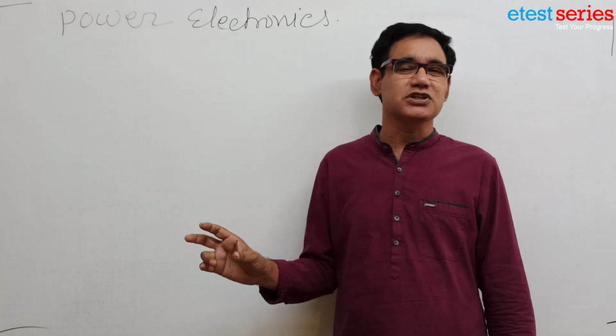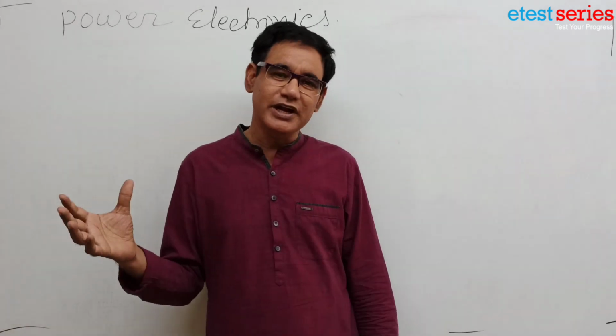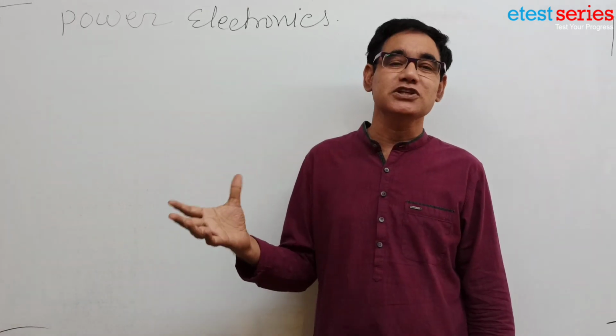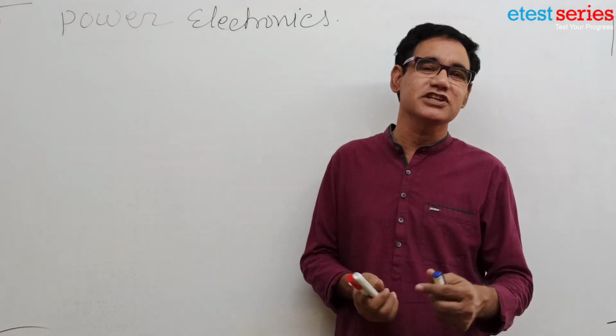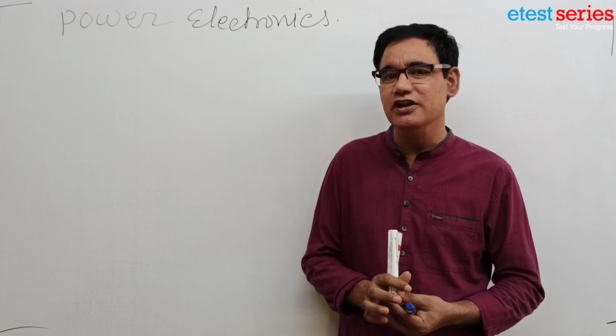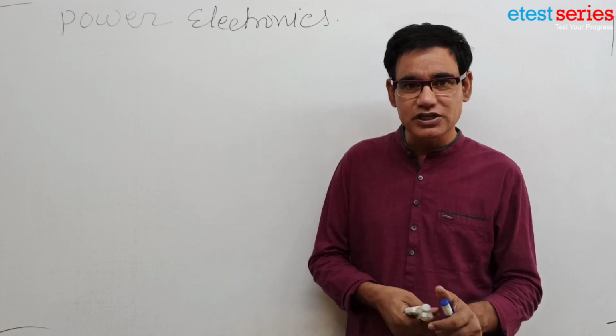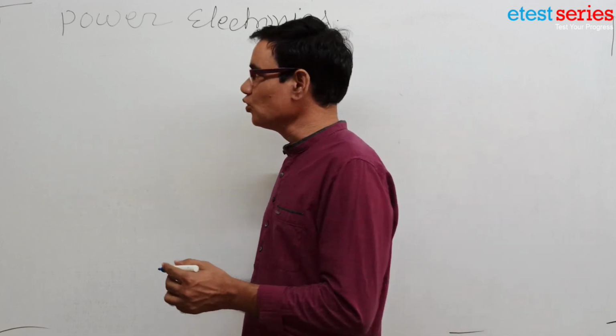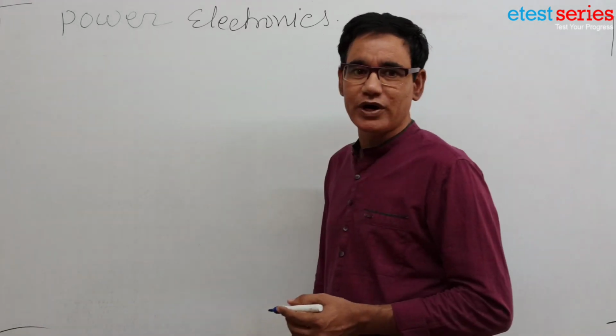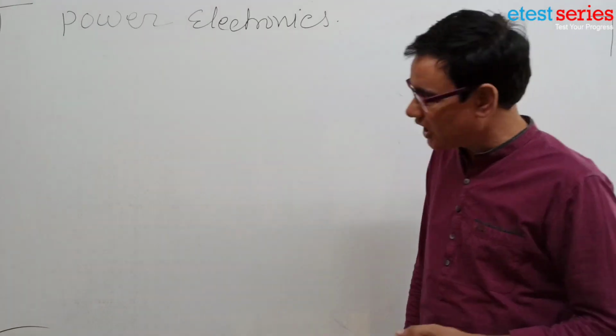Okay, so these protections. Now we are taking the series operation and parallel operation of SCRs, SCR string efficiency, series parallel operation, why the requirement of the series parallel operations and how we can do that and what protections are required in series parallel operation of the SCRs.